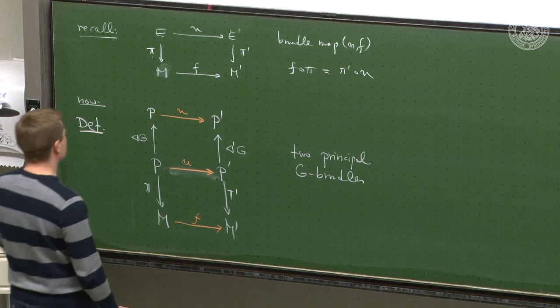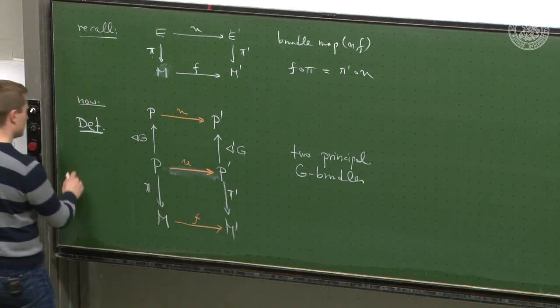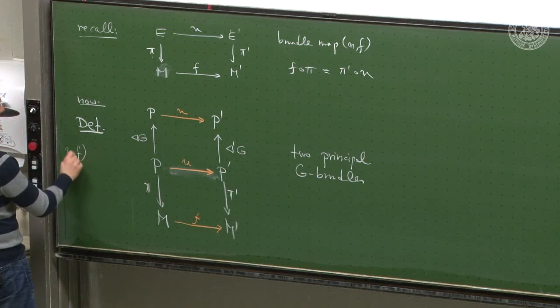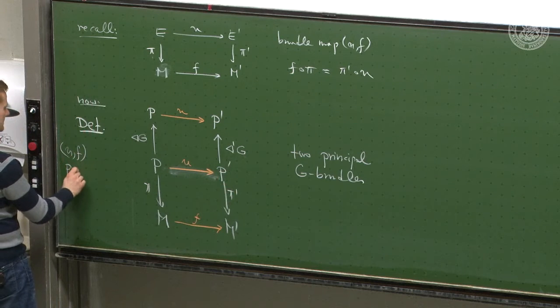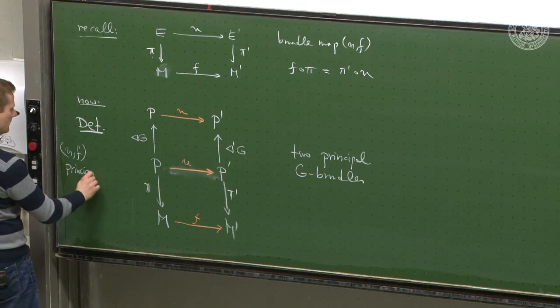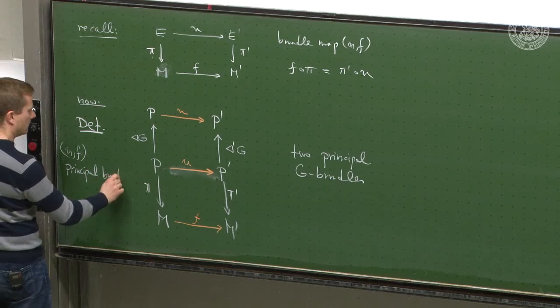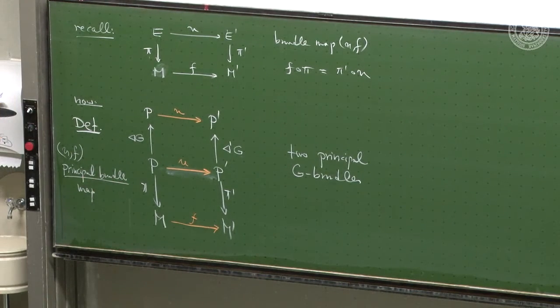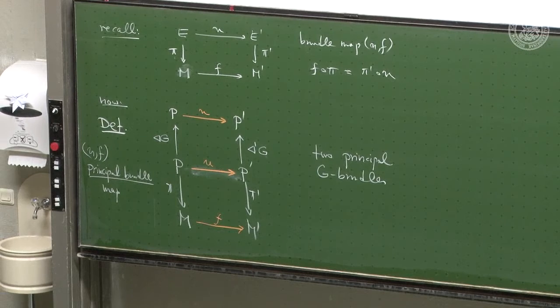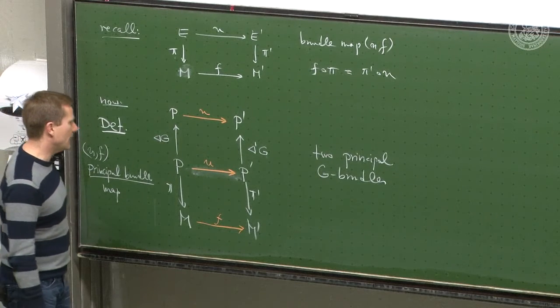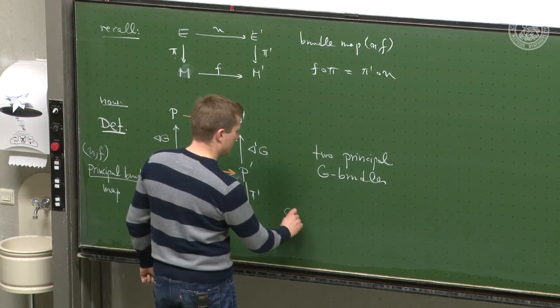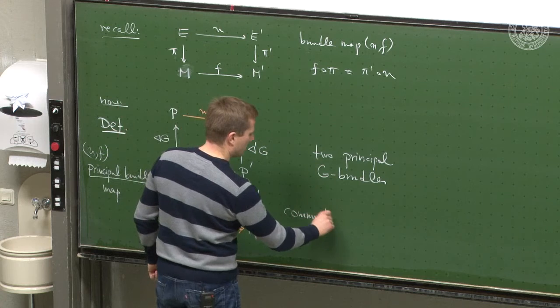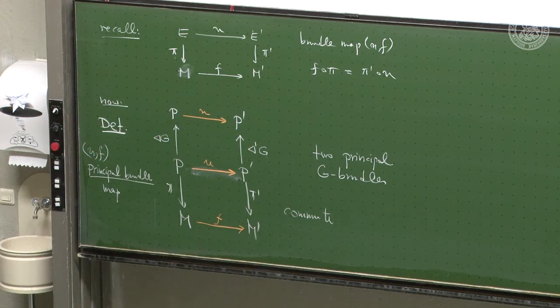Okay, so we say (U, F) is not only a bundle map, but it's a principal bundle map. That's different from a bundle map. It seems like a subtlety, but it isn't. So the requirement is that this diagram commute.